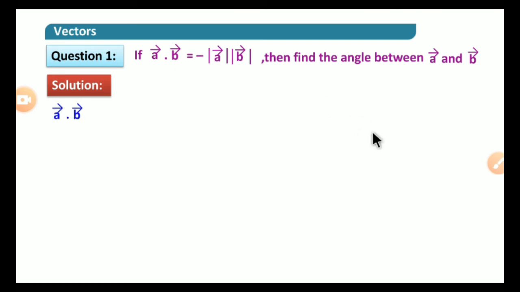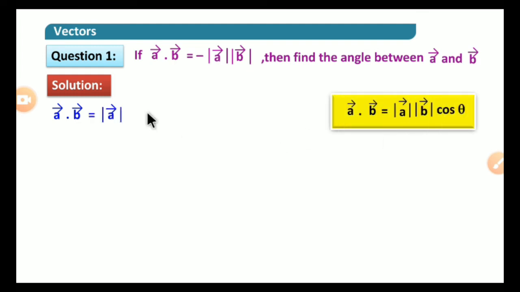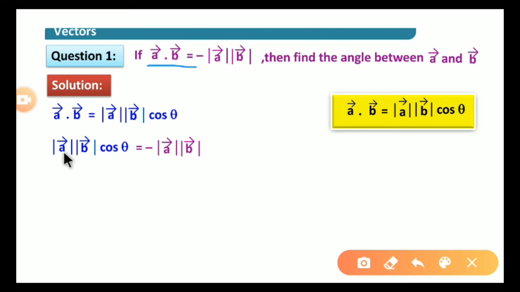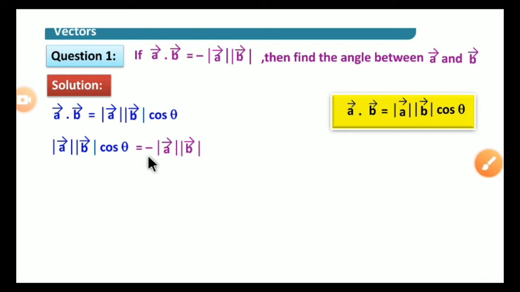The given A dot B is equal to magnitude of A into magnitude of B into cos theta. This is the definition of dot product of two vectors, and here in the LHS part we take A dot B as magnitude of A into magnitude of B into cos theta, and in the RHS part, that is already given, minus into magnitude of A into magnitude of B.